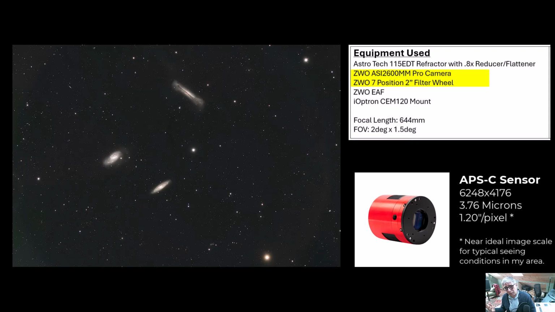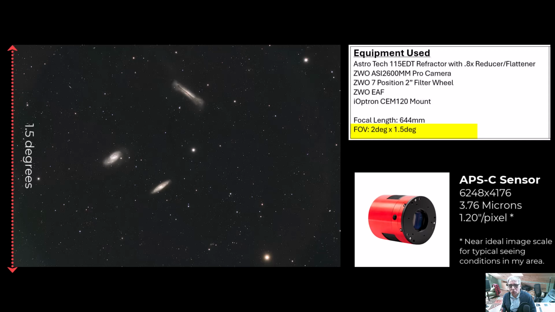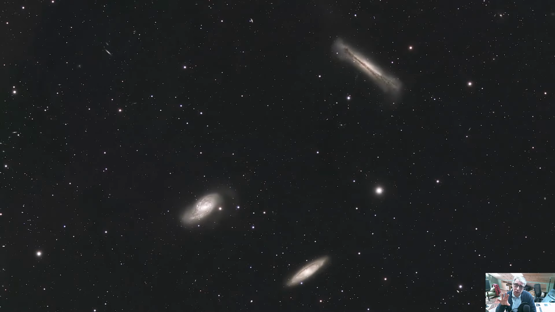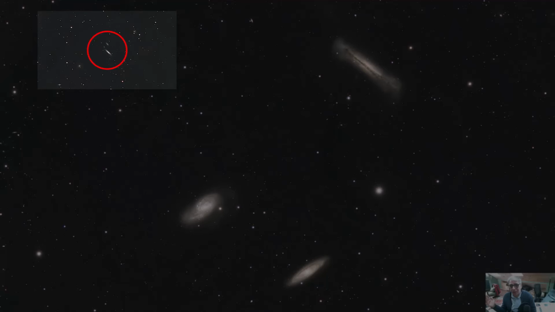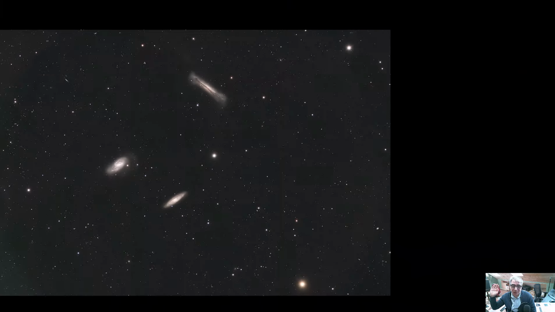I use filters with this, and I achieve a field of view of roughly 2 degrees wide by 1.5 degrees tall, and that field of view allows me to showcase not only these three foreground galaxies, but also to capture a lot of the deep field galaxies that I think most people just overlook when they're imaging this target.